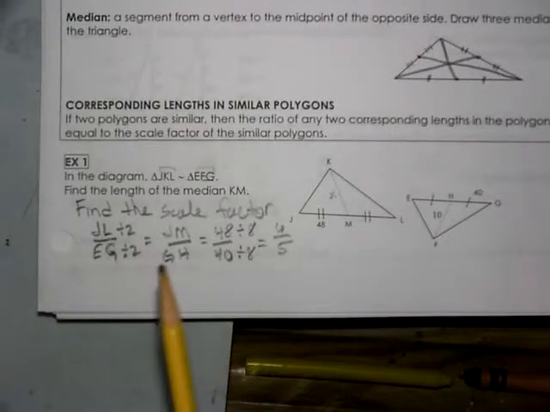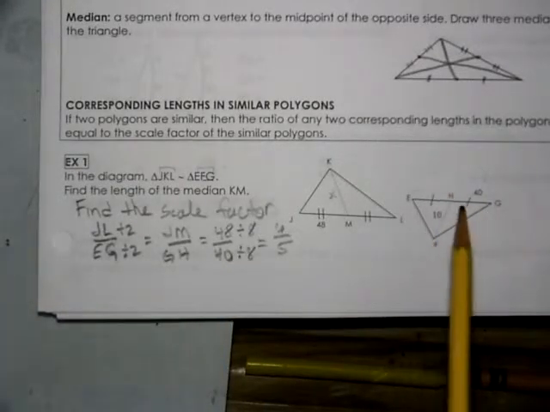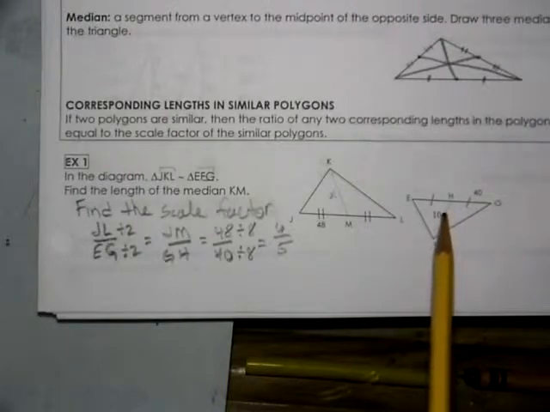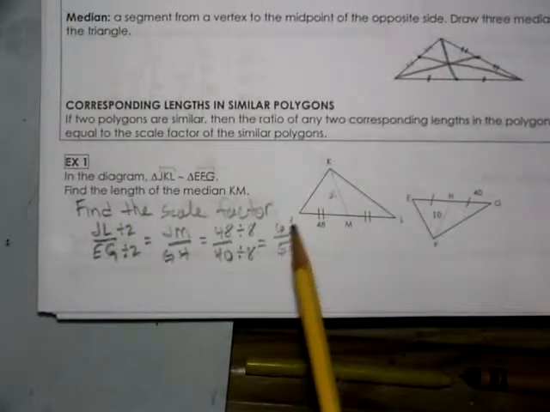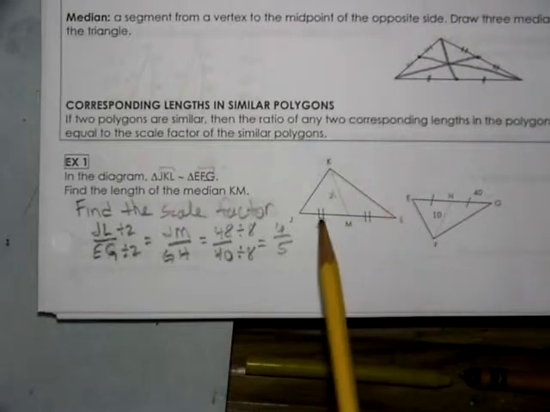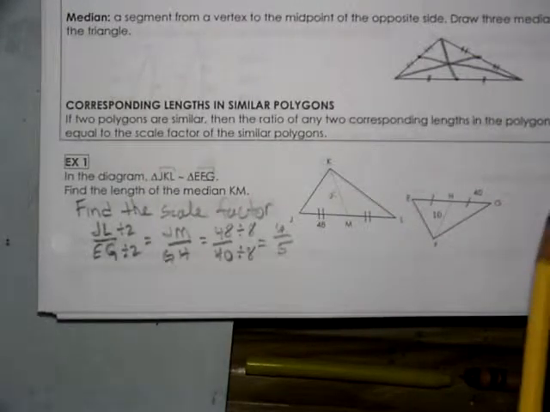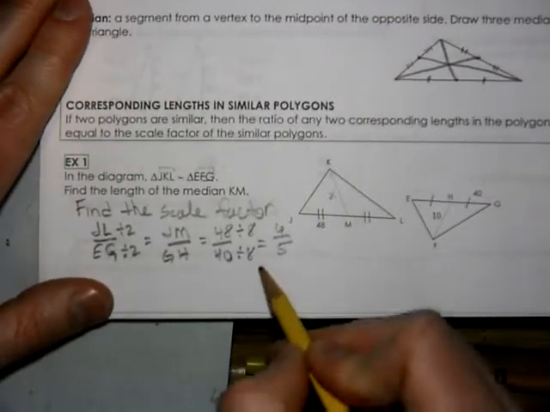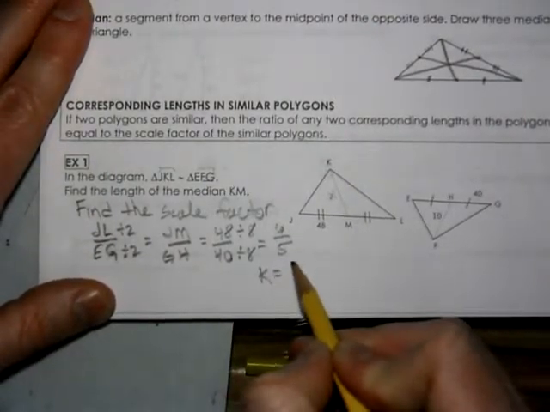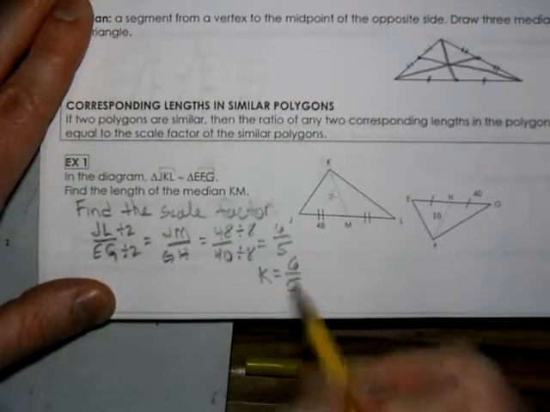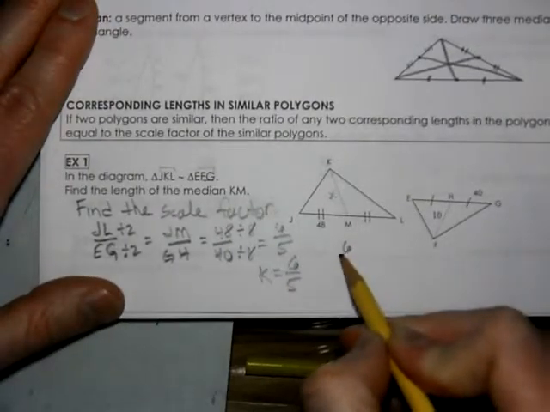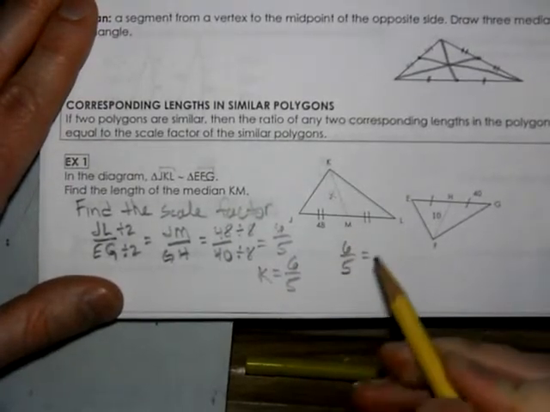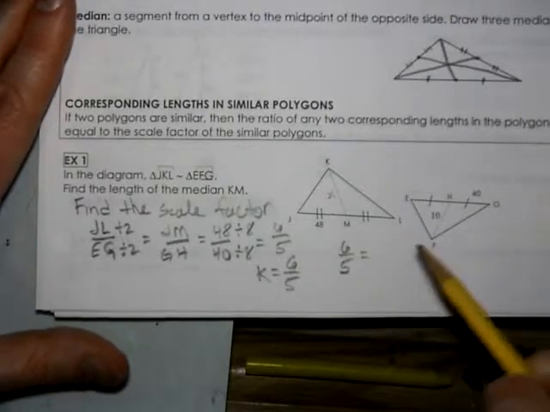So we know that we have to multiply the smaller triangle by 6 and then divide it by 5 to figure out what the larger triangle values are going to be. So now, since we know what the scale factor is, we often call that K, we're going to take that 6/5 and equal it to the altitudes.